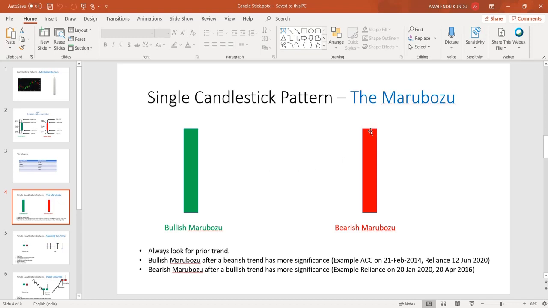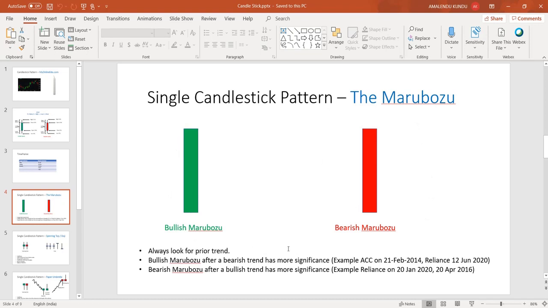Similarly, in the bearish Marubozu, the price is going down and still sellers are selling. That's why the price keeps going down, because the sellers at the lower level are also selling. It means there is huge selling pressure, right? So this candle represents either a huge buying pressure or a huge selling pressure.